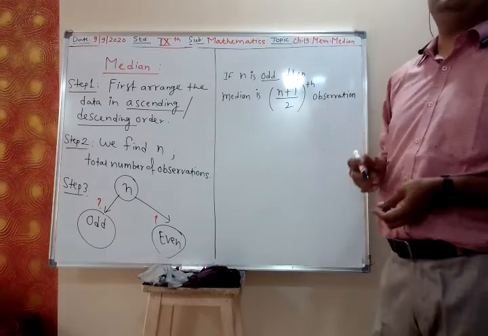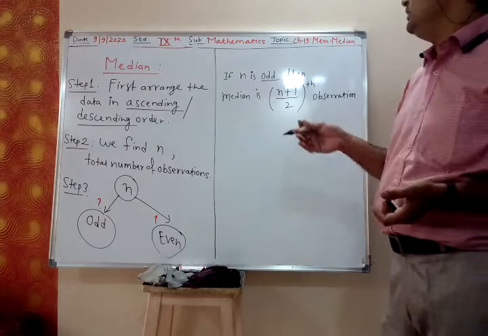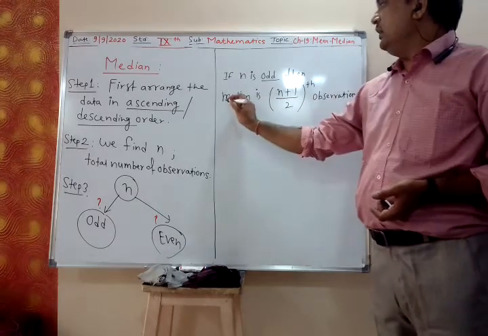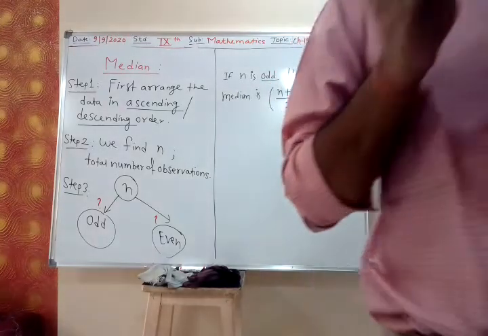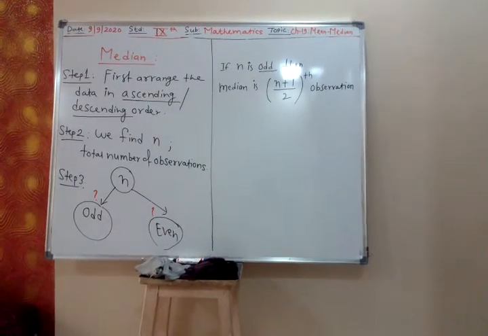For example, you may get the 6th observation, 7th observation, 5th observation, 3rd observation. That observation value will be my median.